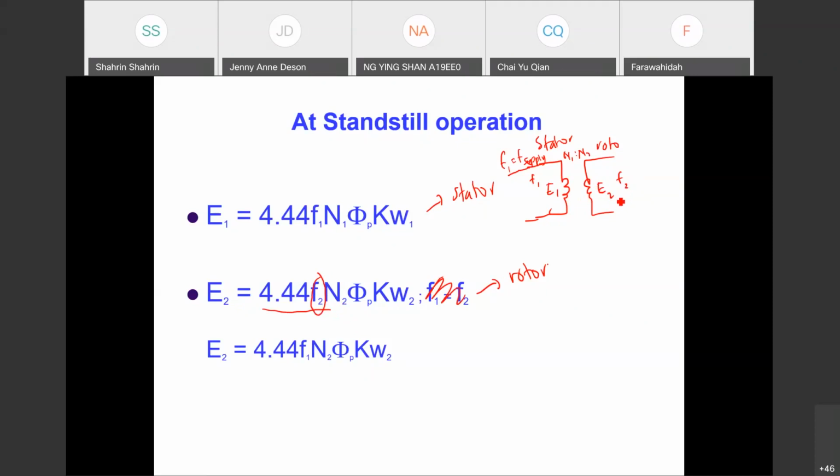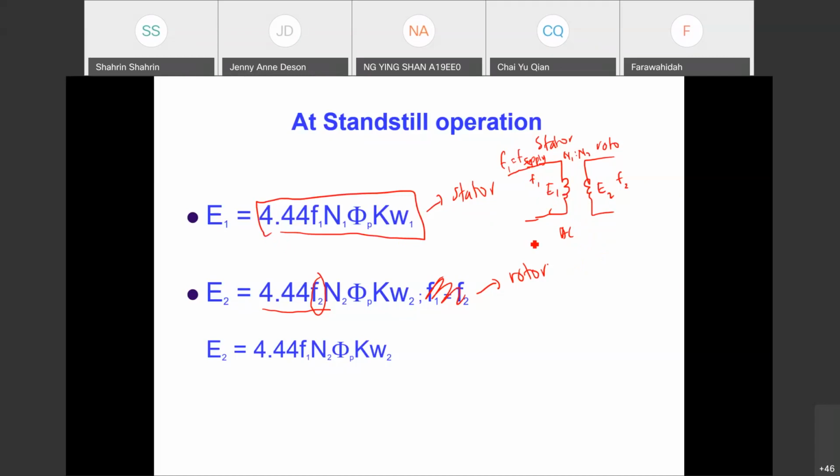Based on the video that you see, the rotation will induce a voltage. This is all AC voltage and AC current. AC is cyclic, meaning that you have a frequency. For the stator, the frequency is equal to the supply frequency, and the voltage induced depends on this.